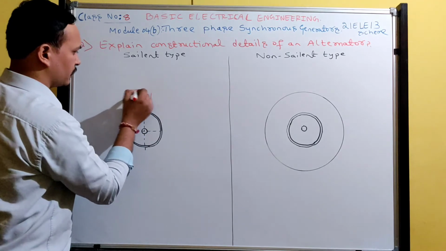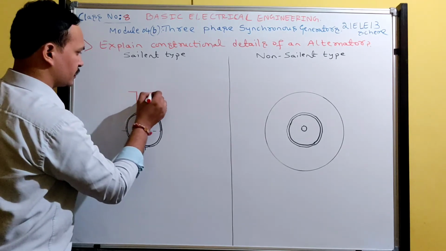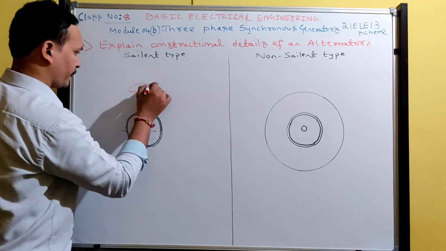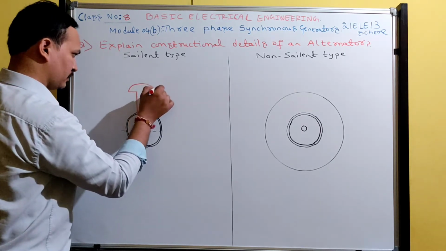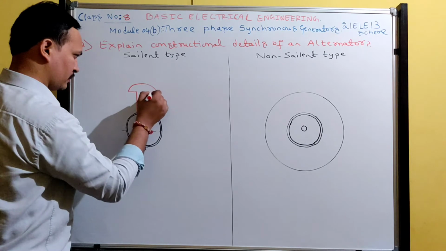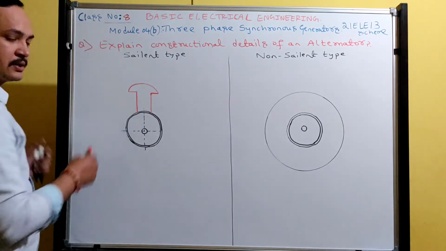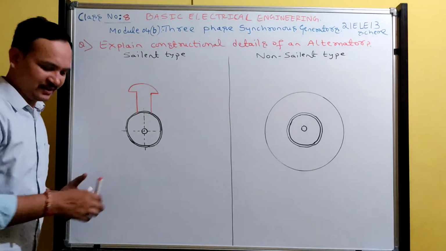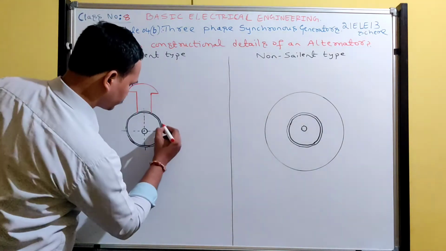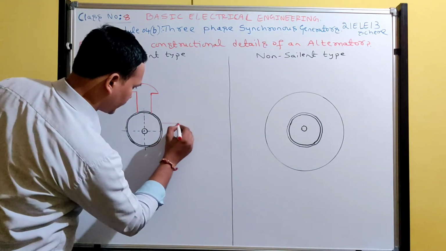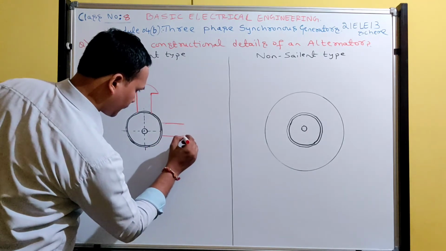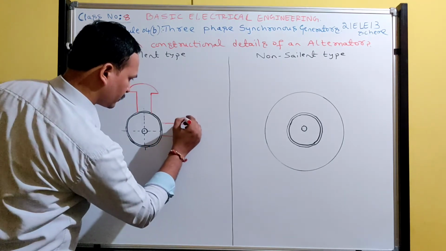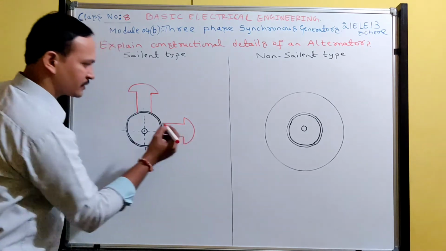Look here. So this is a pole. Like this you write on 4 sides. So the other side you write like this. So what are these? Poles.